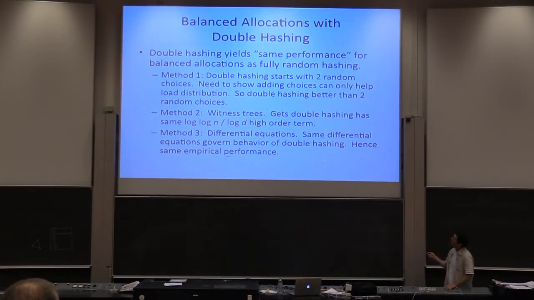But once you have that, you can put things into the same differential equations framework: whether you have random choices or just double hashing choices, you get the same differential equations, so you're going to get the same performance. And again, it's not just the same performance in asymptotic terms, but the fraction of bins with load 1, 2, 3, and so on are going to look the same under both approaches.